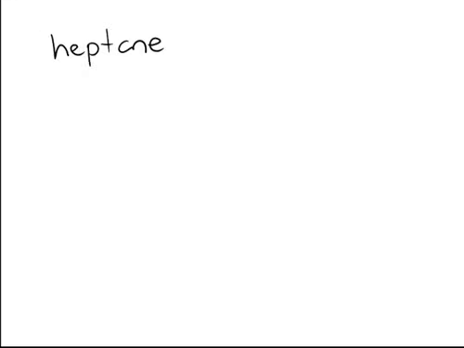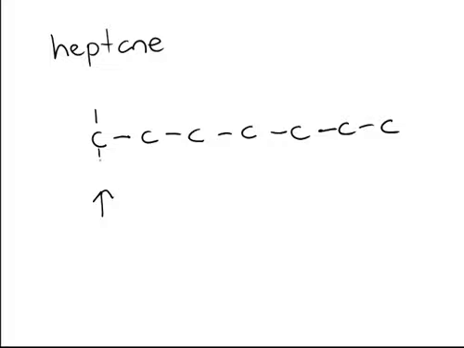Okay, remembering if I was to, for instance, draw the structure of heptane, I'd do 7 carbons in a row, connecting them with a single bond, 3, 4, 5, 6, 7. Now each carbon has to have 4 bonds around it. Now with alkanes, they only have hydrogens around them, so you kind of get used to counting to 4 in carbon chemistry, because the carbon atom can have only 4 bonds around it.